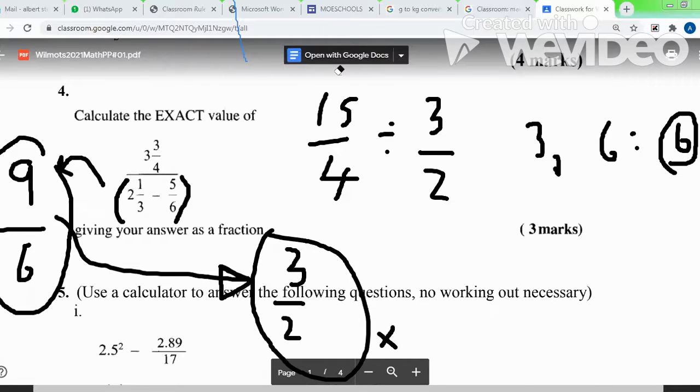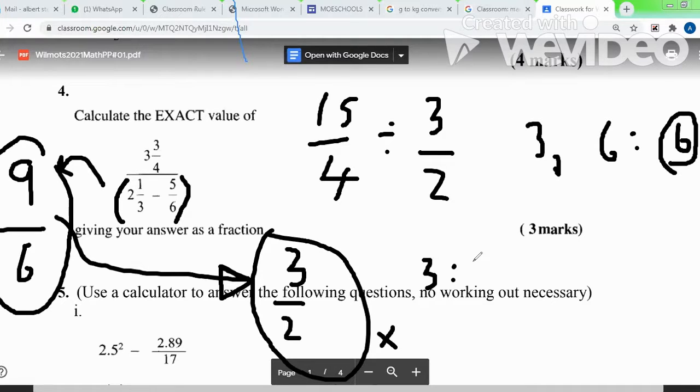How do we find the LCM? What does LCM mean? Lowest common multiple. Chris, don't write on the thing, please.